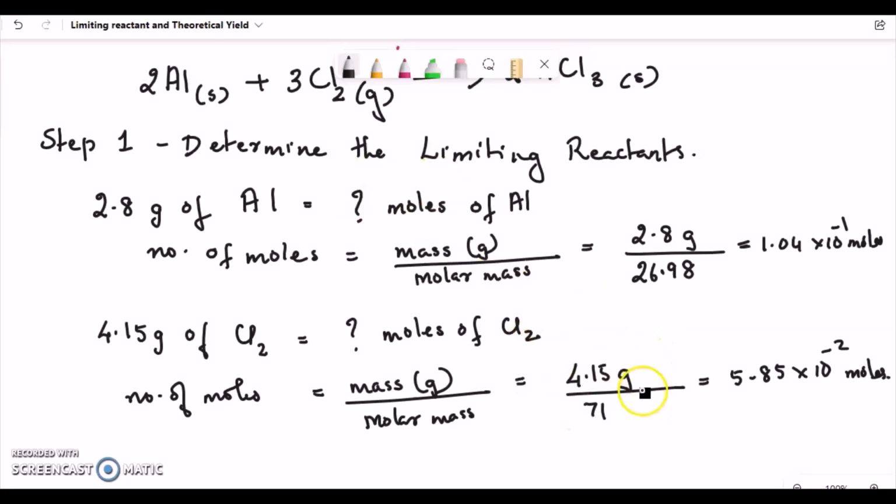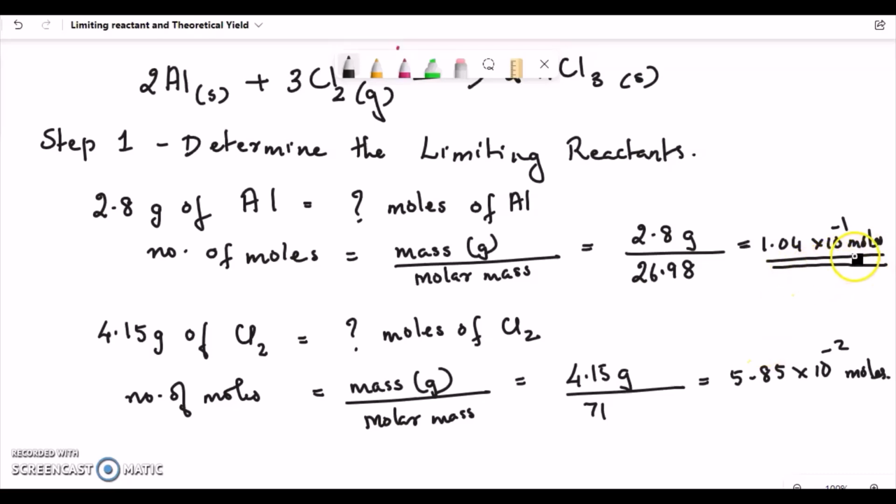Now we need to find out which is the limiting reactant. In order to find the limiting reactant, there are a number of ways. Basically 3 methods are there, but the easiest method is using the mole ratio. Find the moles of aluminium chloride that will be produced if 2.8 grams of aluminium is completely reacted, using the mole ratio, 1.04 times 10 raised to minus 1.